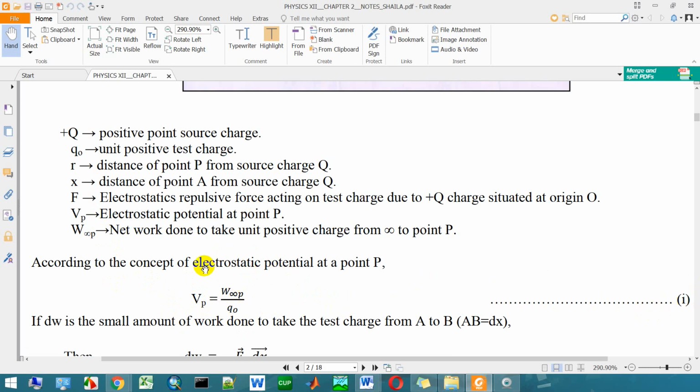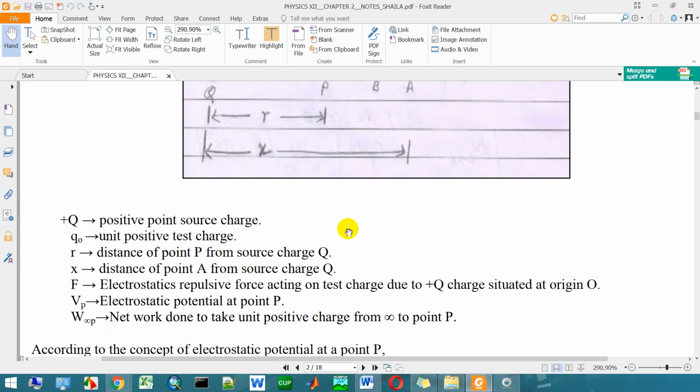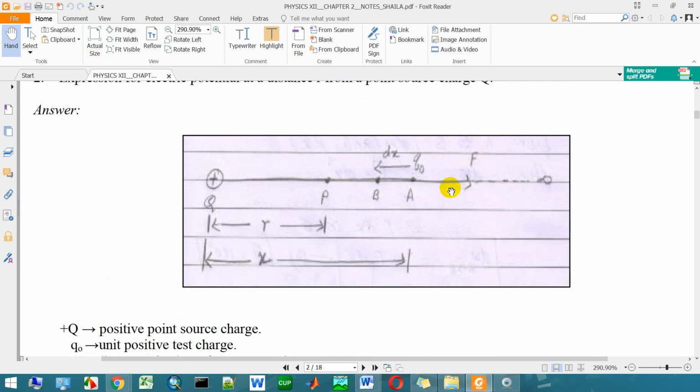Now we have to find the net work done to bring the charge from infinity to point P. Again, we have to use the concept of calculus, because this force is a continuously varying function.